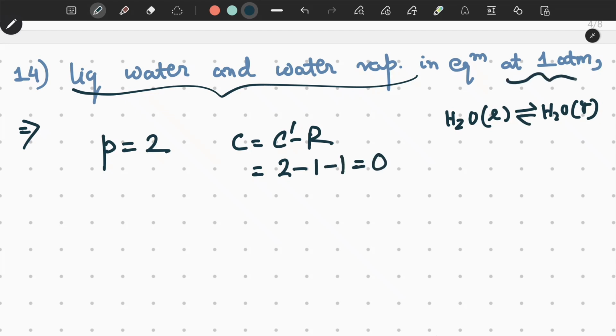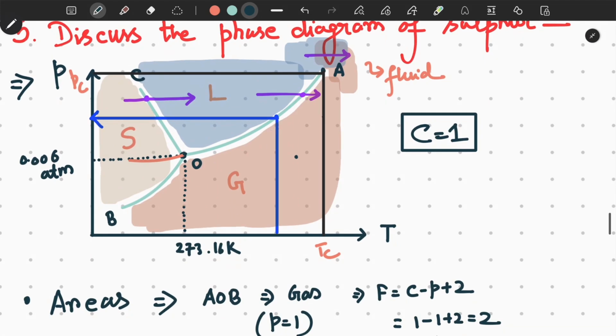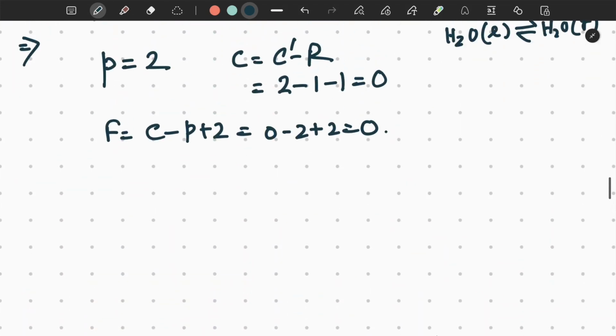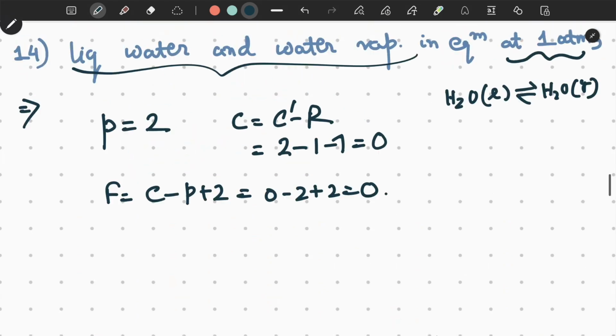Yes, this is another condition. So C is 0, and degrees of freedom will be 0. You can see, here degrees of freedom is 1. That means you can choose either pressure or temperature. You have already chosen the temperature. Pressure is 1 atm, so obviously there is no degrees of freedom left. The temperature will be predefined. So that's why.